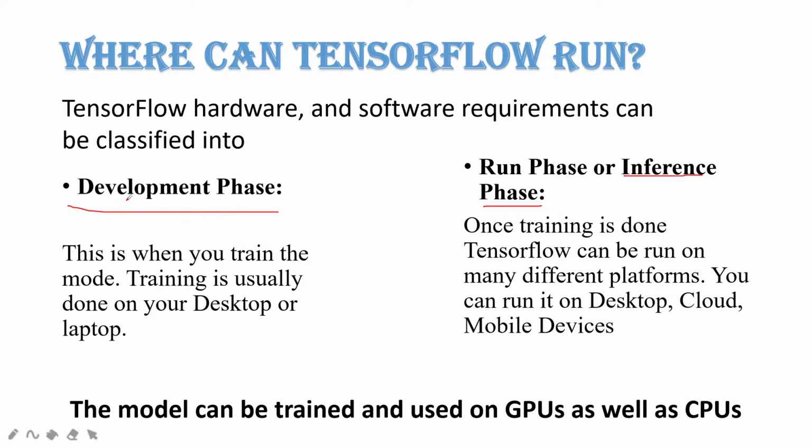The development phase is when you have data. For example, assume you have data of pictures of dogs and cats. When you use this data set, you train a model, that is, a deep learning or deep neural network algorithm.